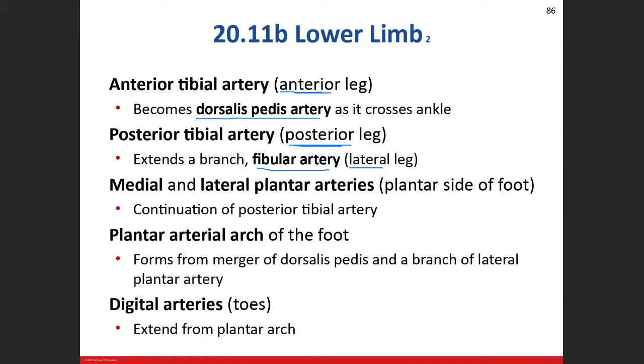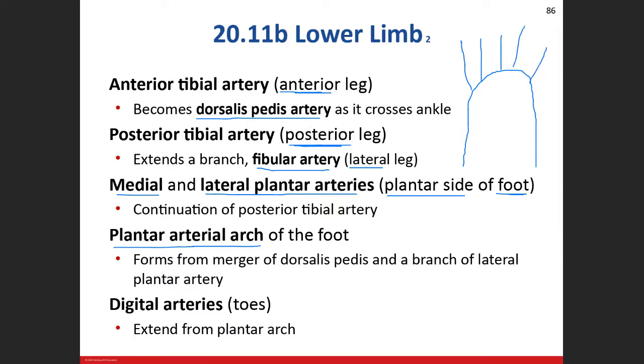Okay, staying with the posterior tibial artery, it's going to then head down towards your foot. The plantar side of your foot is the bottom portion of your foot. And so it then branches off into the medial and lateral plantar arteries. And they create this arch. So these two arteries create this arch in which it gives off these small branches out to the toes.